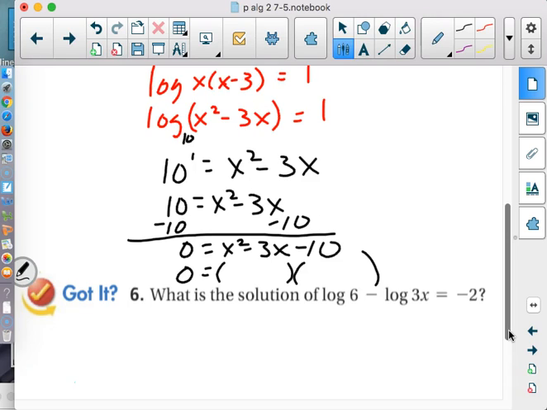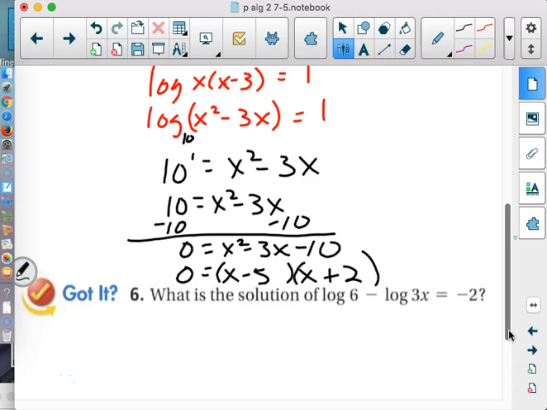Now, there's not a perfect square monomial we can pull out of that. It's not a perfect square trinomial. I know that because negative 10 in the back is not a perfect square. But my hope is that we can find 2 numbers that multiply to negative 10 and add to negative 3: -5 and +2.